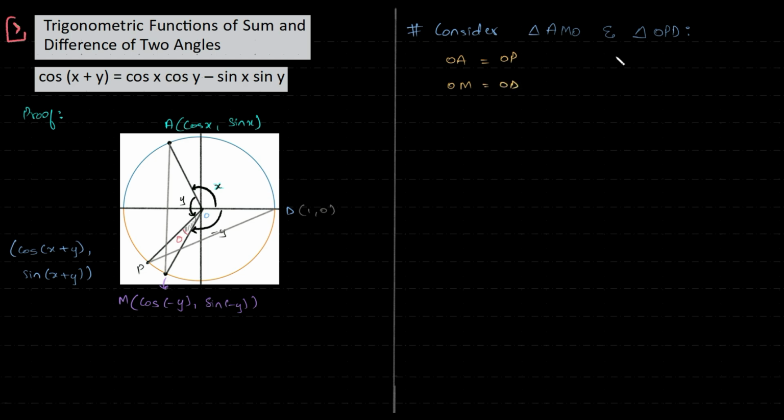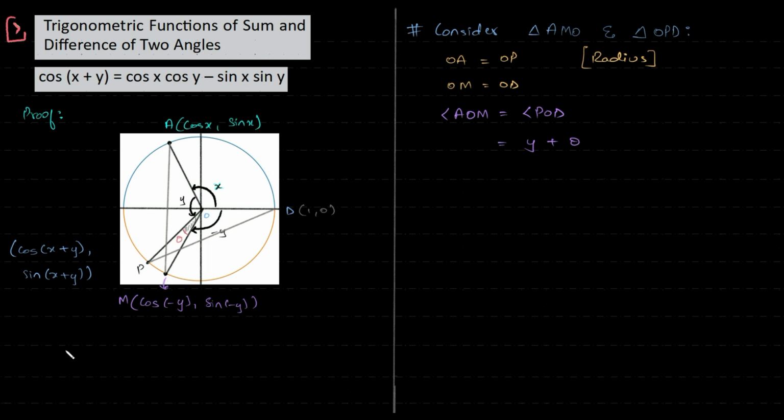Why are they equal? Because of them being the radius. Now, other than this, what else can I tell? I can tell that angle AOM is equal to angle POD, which is equal to y plus theta.